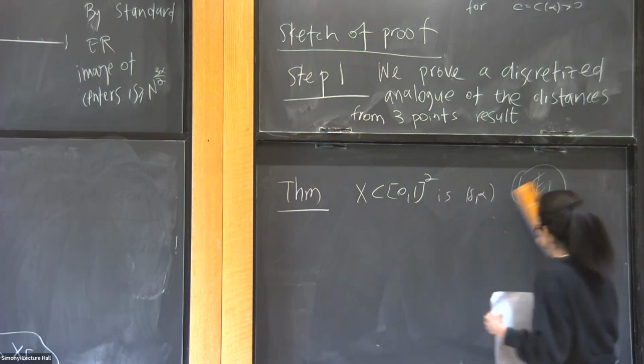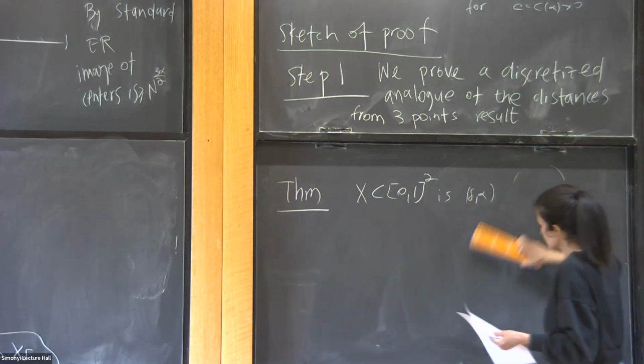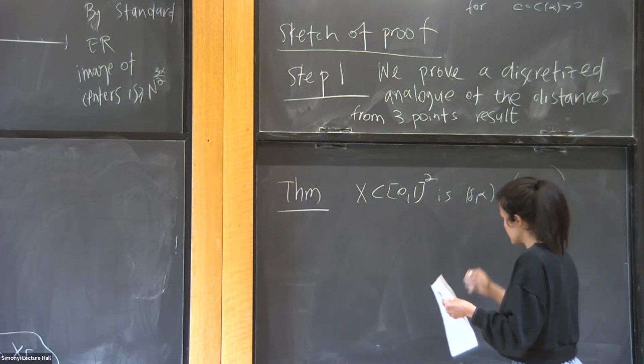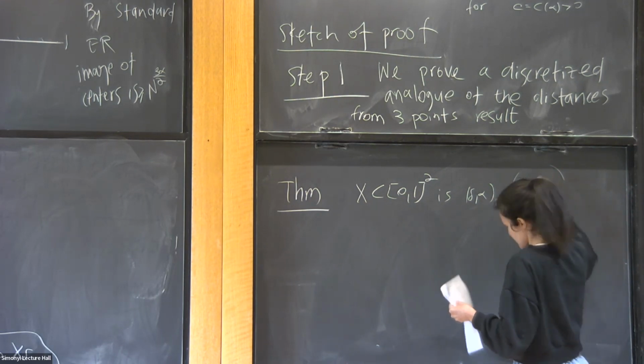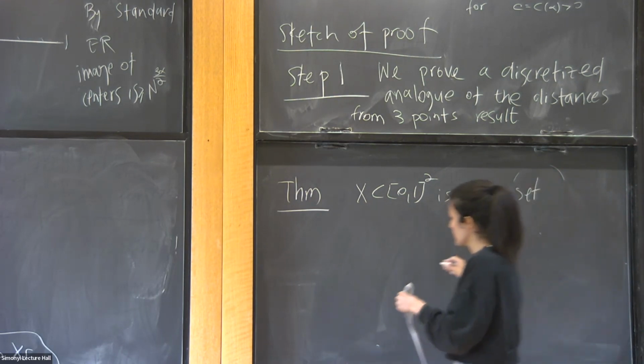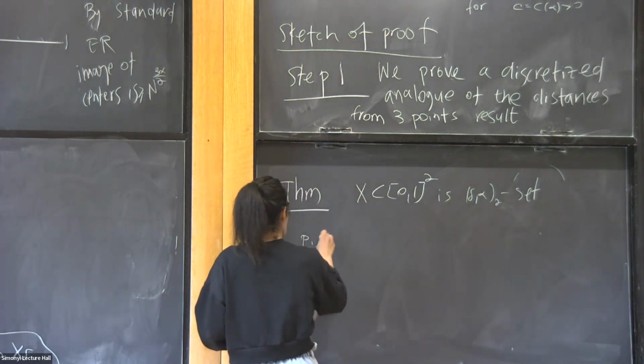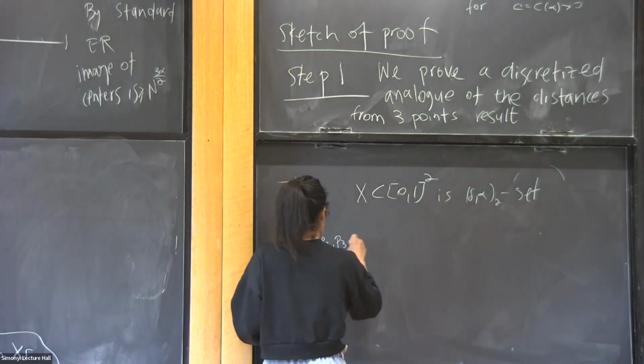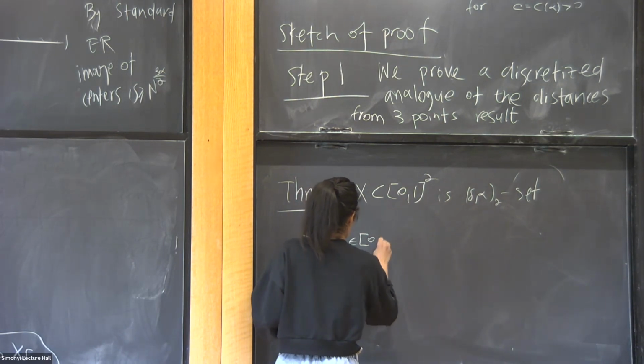You don't really need to remember the definition here, it's just a discretized set, a (delta, alpha, 2)-set. And we are given 3 points, P1, P2, P3, in the square.